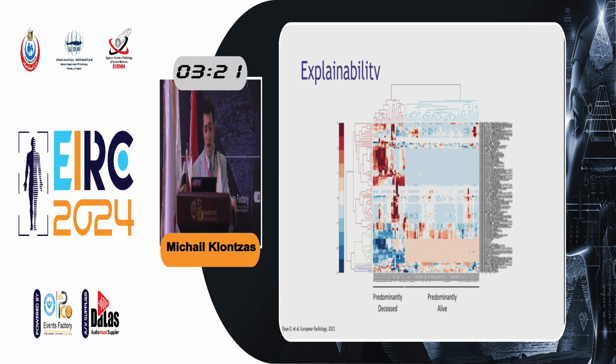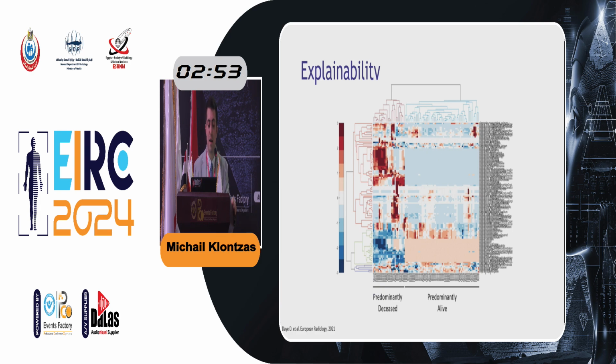But at the end of the day, when you have your model, you can actually use algorithms like clustering analysis to understand the structure of your data, to explain what happens. And you see here that you can see very pronounced differences between the groups in a disease, where the radiomics predicted which people would die and which people would be alive after some treatment.